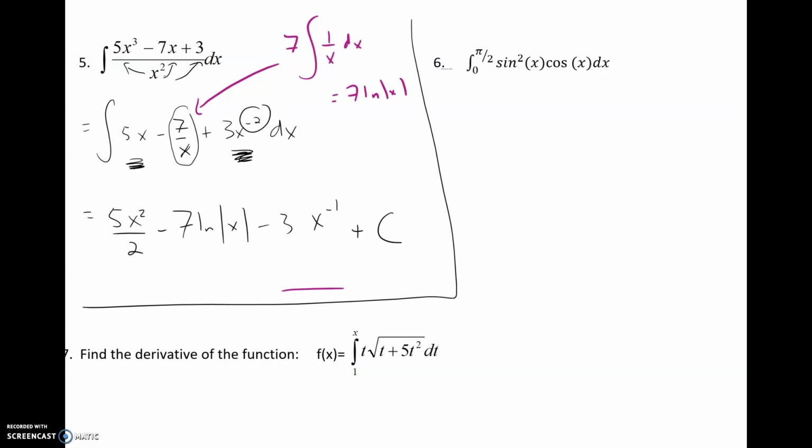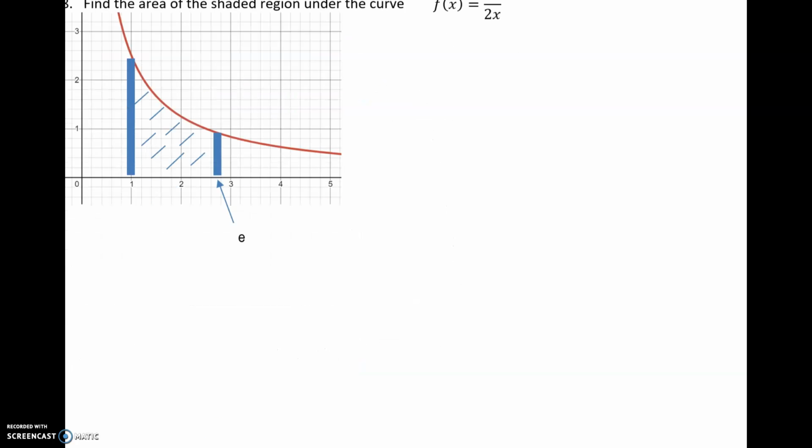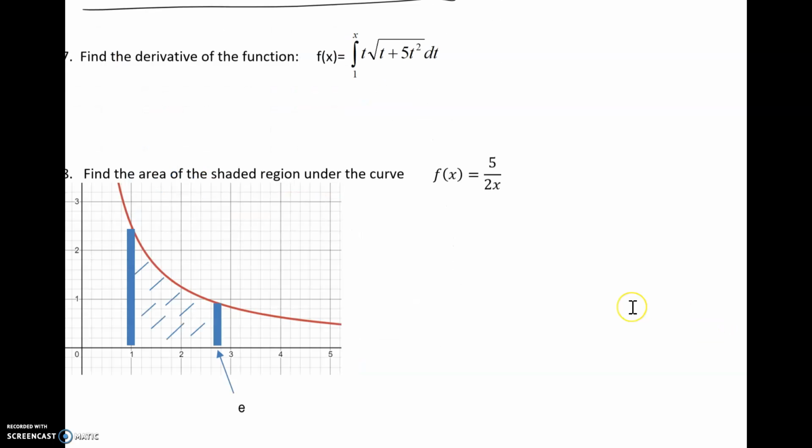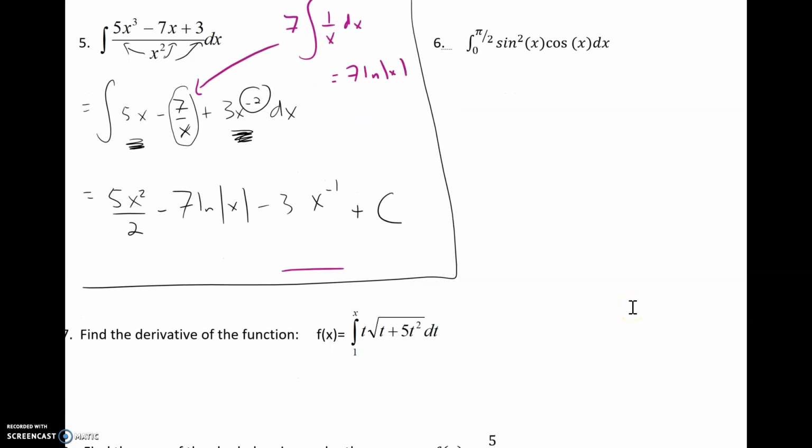Okay, so this guy, I don't know what the antiderivative of sine squared times cosine is, right? So I'd have to do a little bit of trial and error with u. Basically, you have 2 choices for your u for u substitution. It's either sine or cosine, right? And then I go through my process to cancel out dx and see what happens. But typically, we would let u be the input of my composite function.